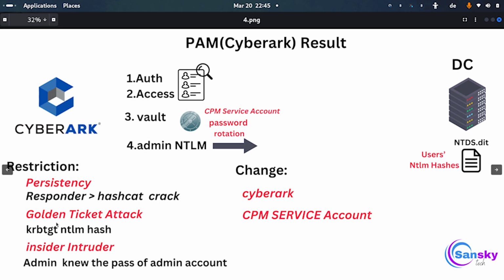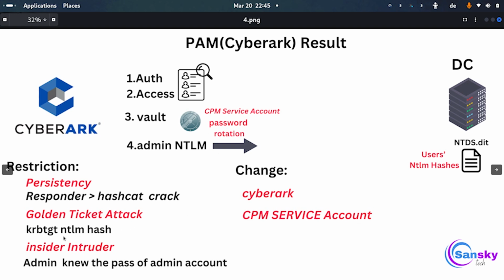Also, we previously used to compromise the NTLM hash of the KRBTGT account, and use that to forge a TGT and implement a golden ticket attack. But right now, the NTLM hash of the KRBTGT account is going to be changed randomly under the concept of password rotation.